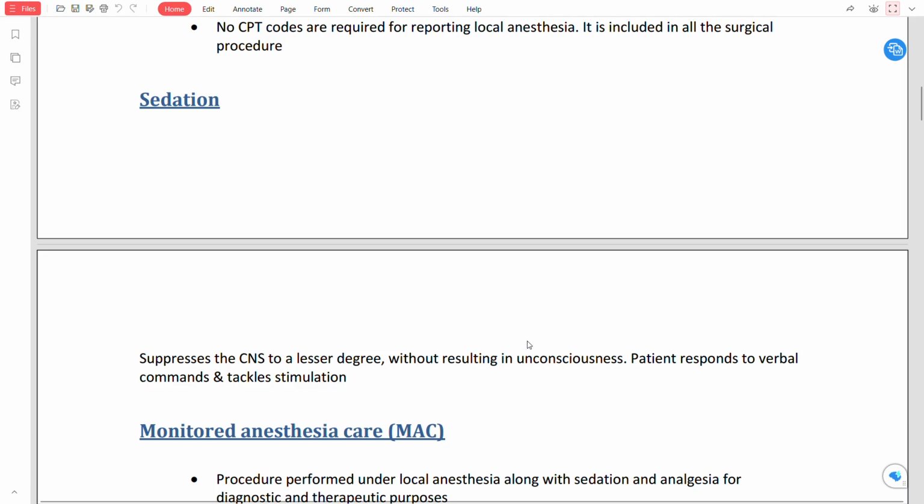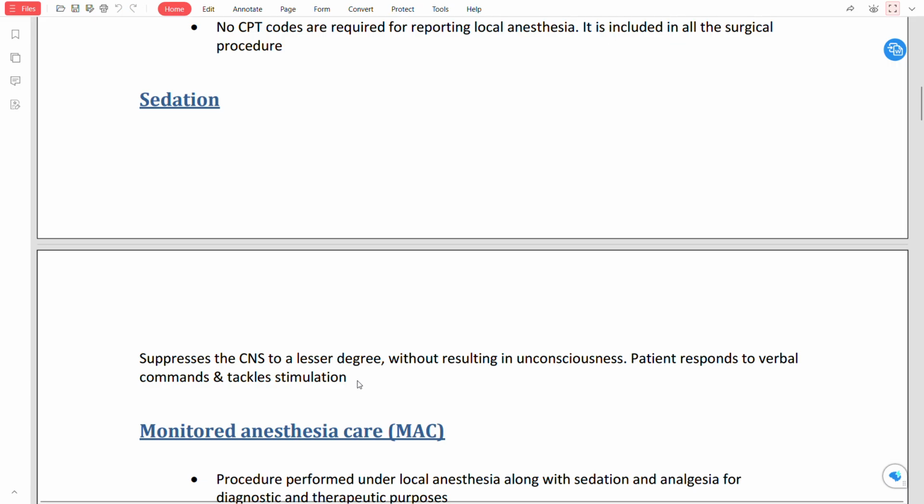The patient responds to verbal commands and tactile stimulation, and can communicate with the doctors. But in the case of anesthesia, the patient is completely unconscious with a lack of sensation. So this is the difference between anesthesia and sedation.